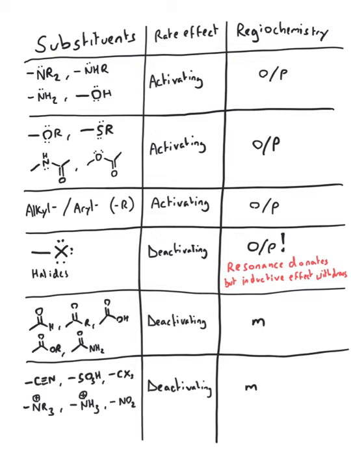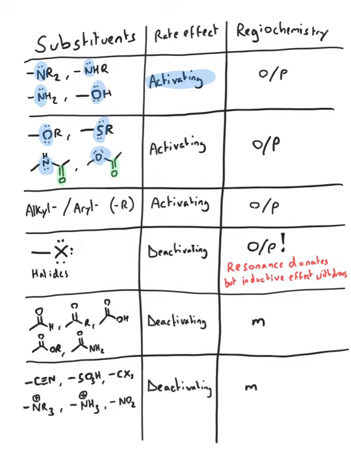Here is a table of substituents and their rate effects and regiochemistry in electrophilic aromatic substitution. I highly recommend you either memorize this table, or at least become very familiar with it. You will notice that the substituents with lone pairs available are all activating, whilst if there is something that is also removing those lone pairs from the system other than the aromatic ring, they will be less activating.